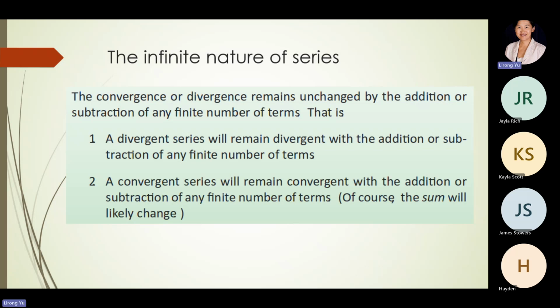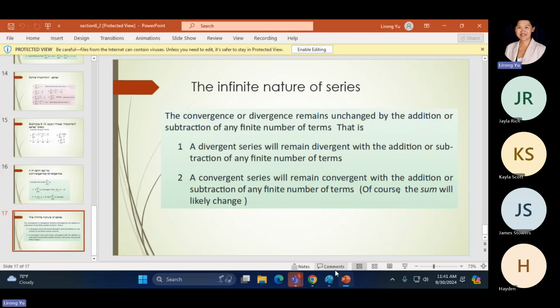That's why whenever we talk about convergence or divergence of a series, we can remove a few terms and look at all the other terms, and they will still have the same property, even though the total sum is going to change. The convergent or divergent property doesn't change.